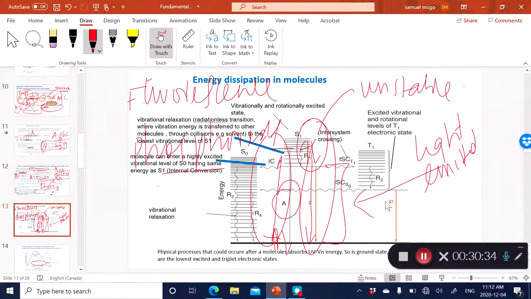Before phosphorescence happens, you can see there's another transition. An electron can be excited to a singlet, but it can transition to a triplet of equal energy. That transition from a singlet to a triplet is what they refer to as intersystem crossing. And so for phosphorescence to happen, you actually need this intersystem crossing to happen.